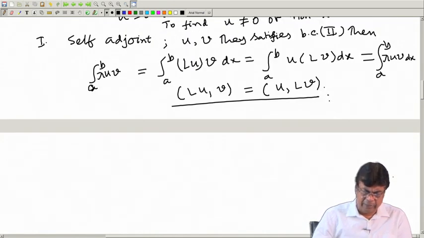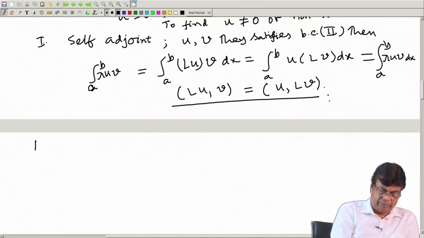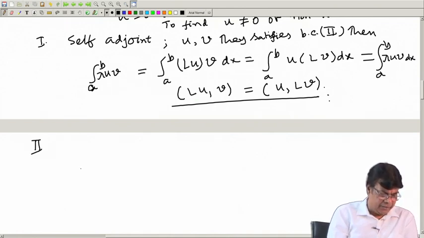Then another characteristic of this operator is called Lagrange's identity.